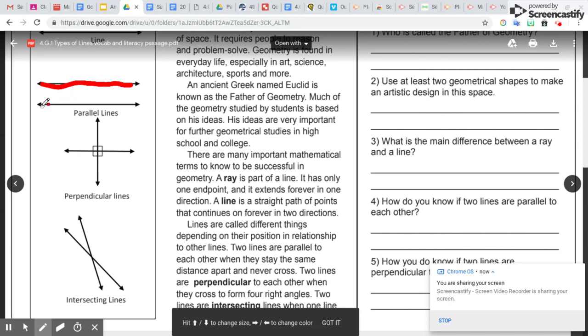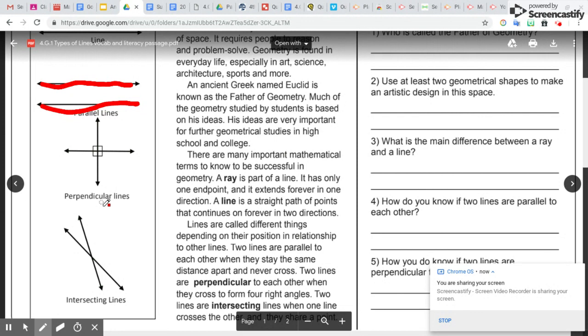Here are our parallel lines. Sorry, I know that's not straight, but that is the whole point I'm trying to make. What you notice is that they run right alongside each other. The most important thing you want to know about parallel lines is that they never touch. They never cross. They never touch.